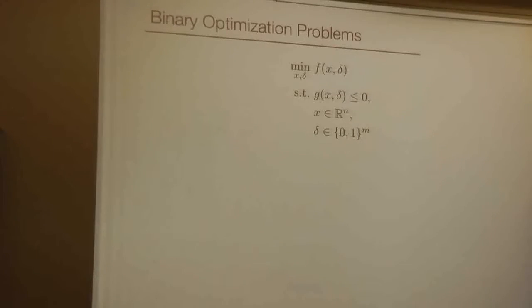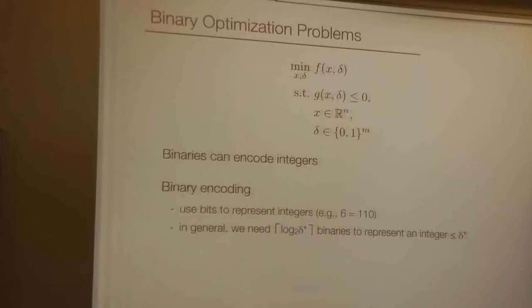One you are very familiar with, and that's the bitwise encoding of integers. So we take the base 2 of an integer, and we write the corresponding bit code of that one, right? So 6 here would be 110 in the binary system.